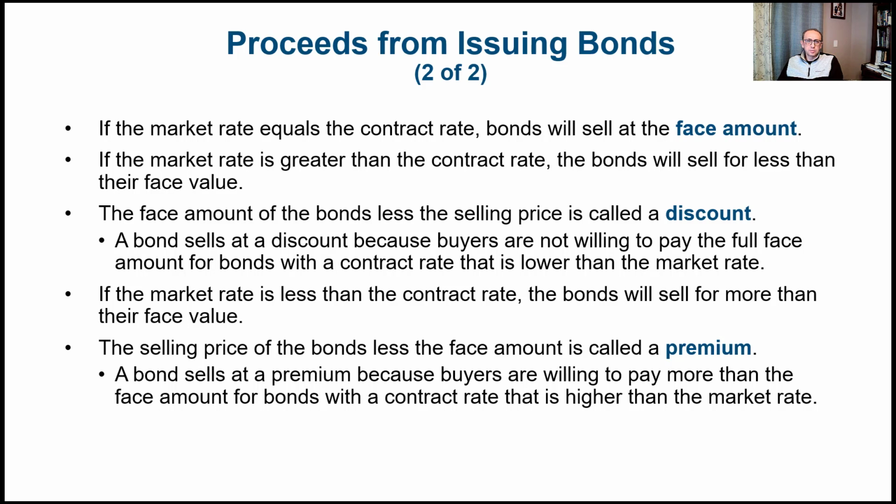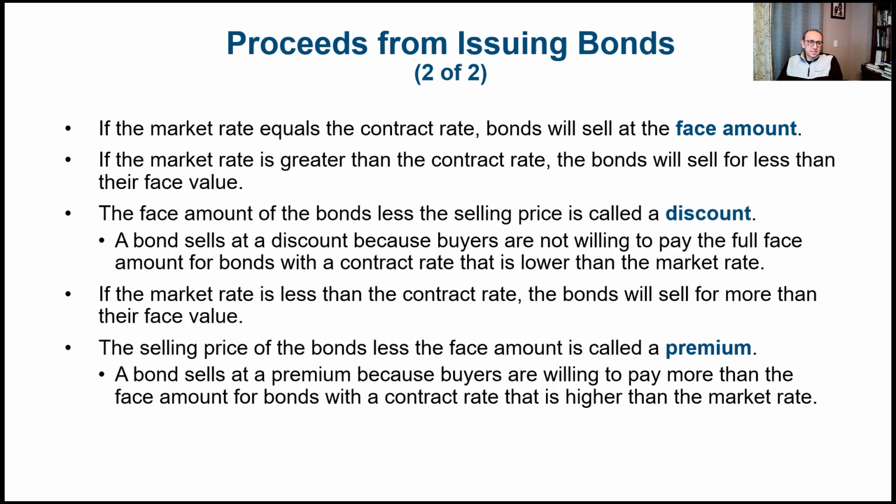So in this case, the bond has to be sold in an amount less than its face value, and we say that it's sold at a discount. The face amount of the bond less the selling price is called a discount. A bond sells at a discount because buyers are not willing to pay the full face amount for bonds with a contract rate or coupon rate that's lower than the market rate.